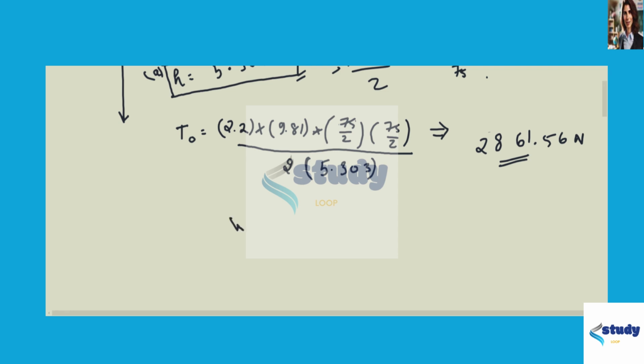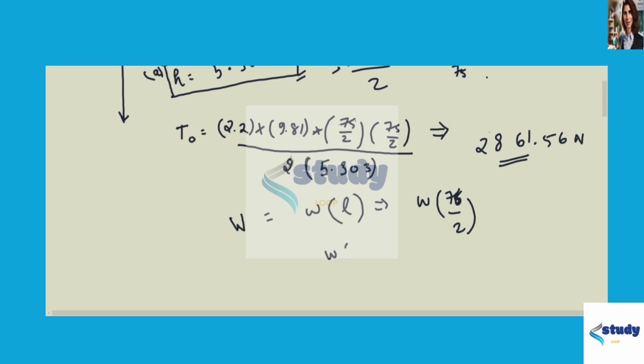So that weight, capital W, is small w times the length. The length here is S1, half of the length of the cable. The complete length of the cable is 76, so this is 76 over 2.